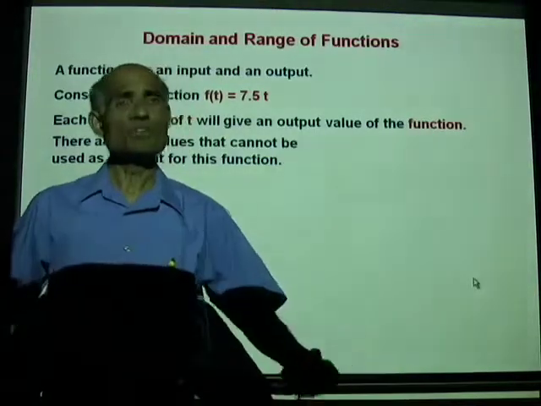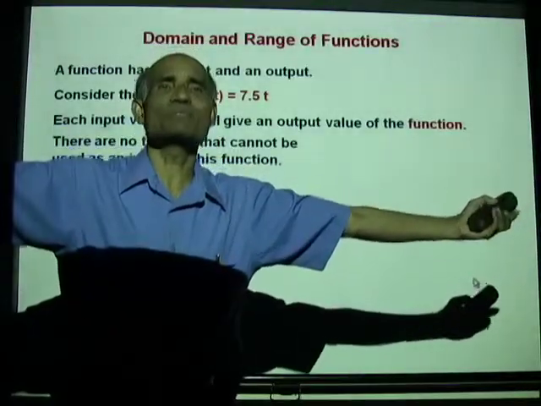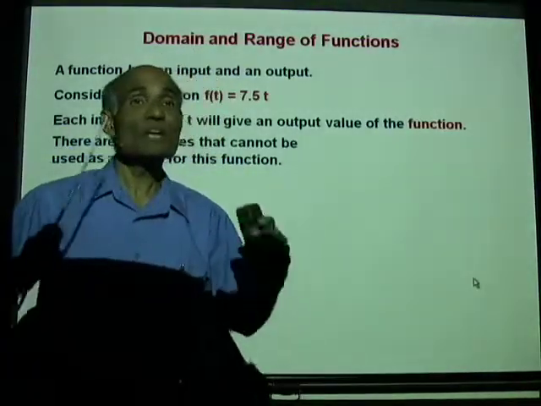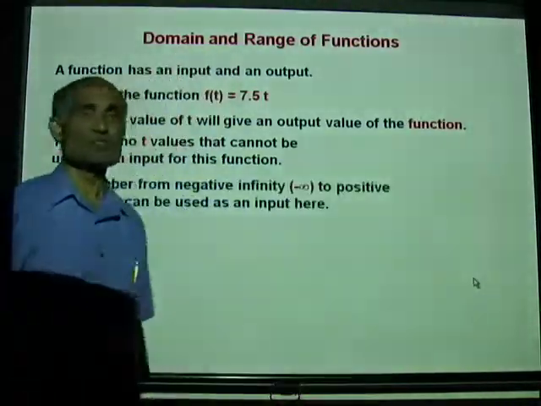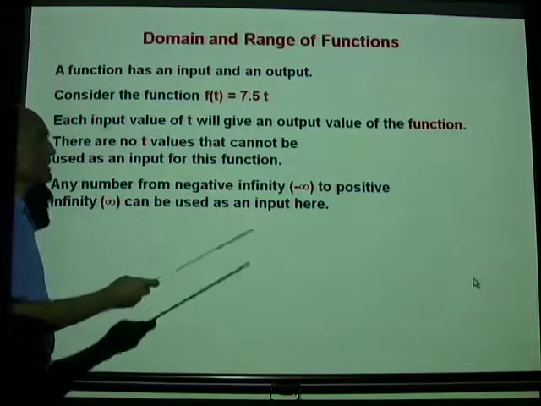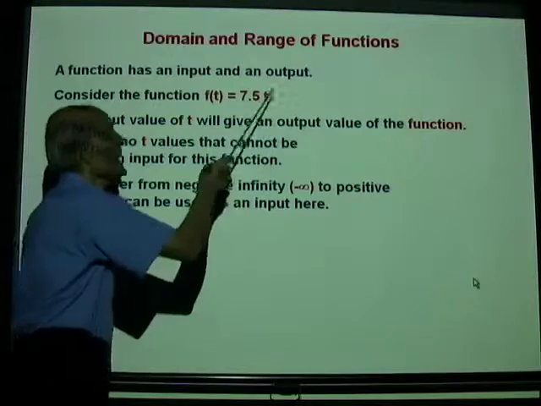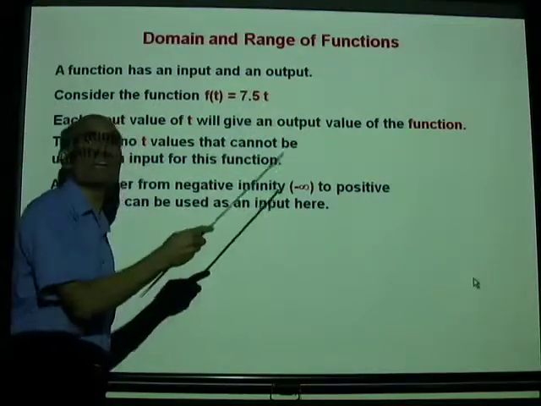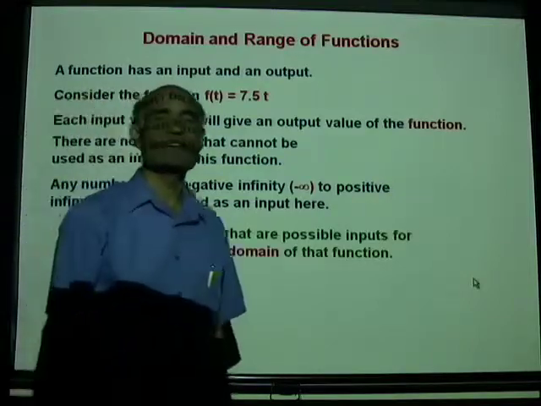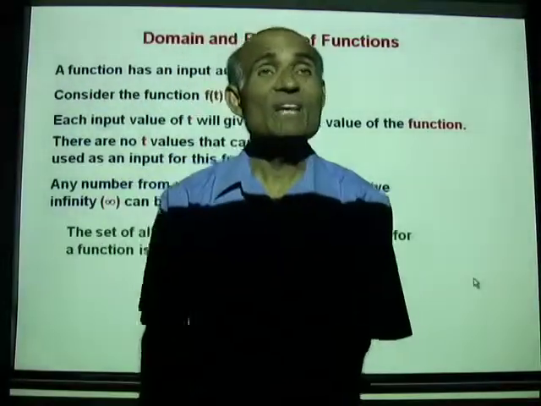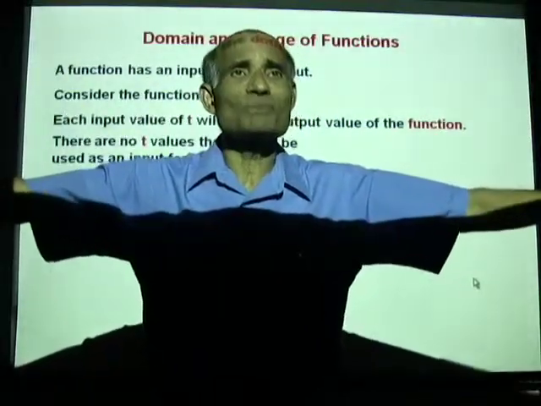In other words, you can actually use all possible real numbers as its input. The field of influence is infinite. So we say any number from negative infinity to positive infinity can be used as an input there. Each of those inputs will give you an output. And therefore, we say the domain of this function contains all real numbers.